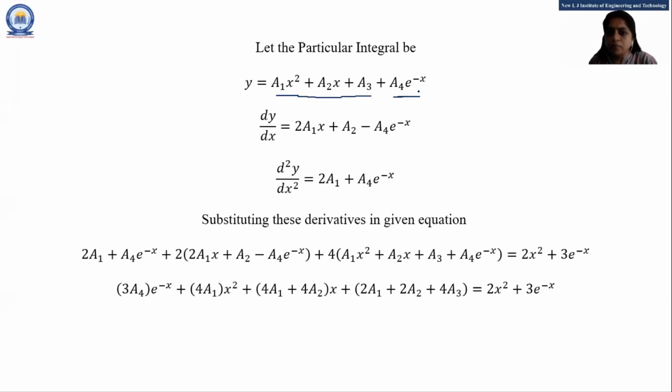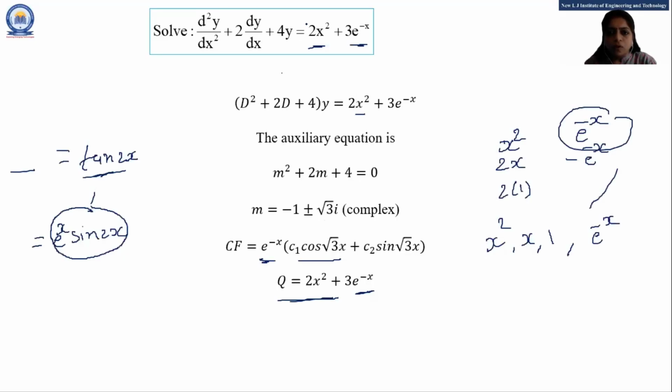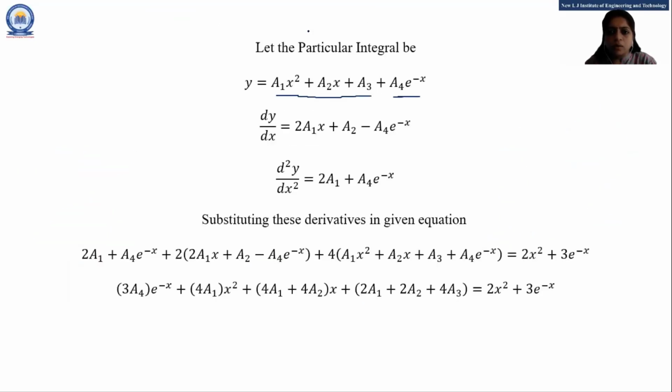Got it, everyone? Any doubt about this particular integral? Let me know in the chat box. If you have no doubt, then also tell me that no doubt. If you have any doubt, you may ask. Thank you.